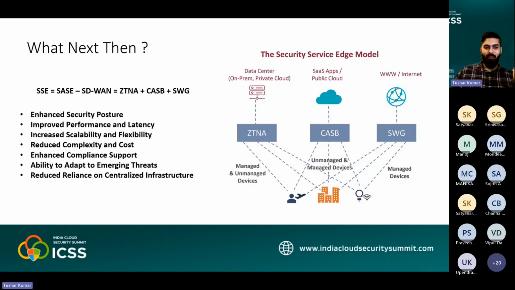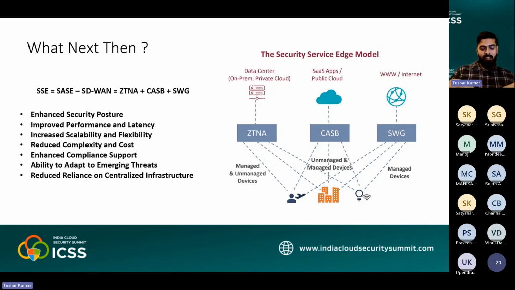When you take SD-WAN out of SASE, the A in SASE stands for access, and that access means having a software defined WAN connectivity, because not in all cases do you need an SD-WAN deployment specifically for giving access to people. When you take that out of the SASE model, it is left with the zero trust network architecture, CASB, and secure web gateway.